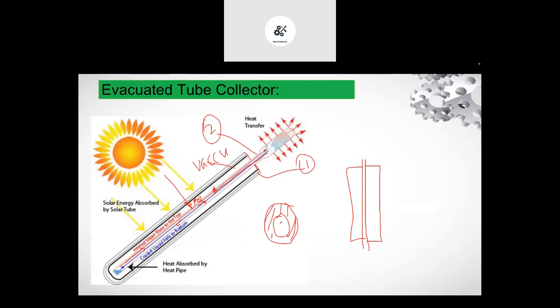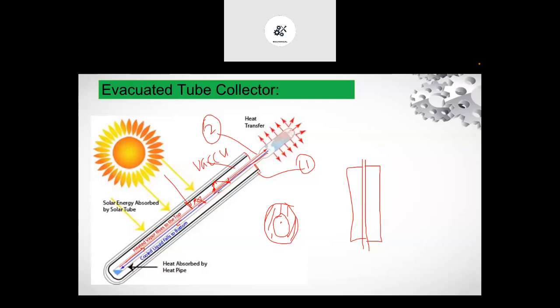In that case, during the night time, when the radiation is emitted by the heated water, it will be incident on the inner surface, and this inner surface is highly reflective, so it will reflect that radiation back to the water.